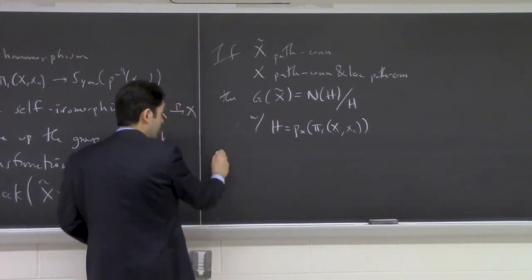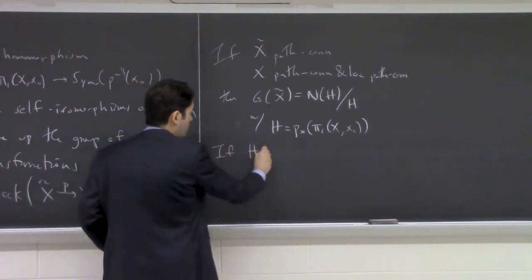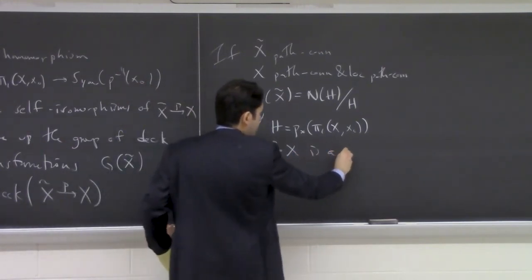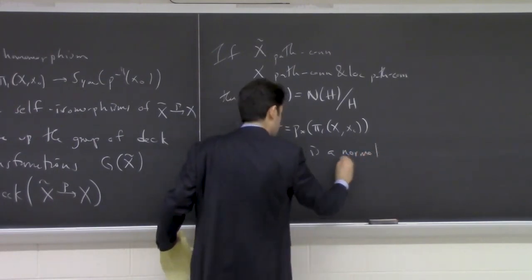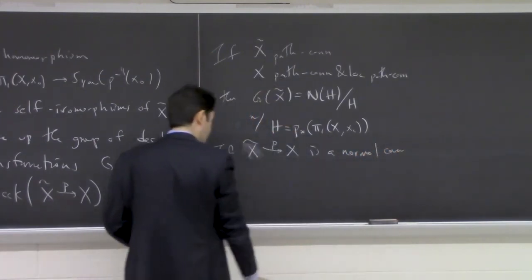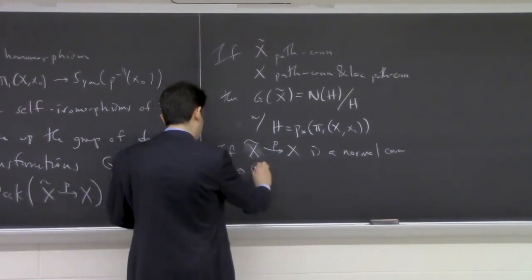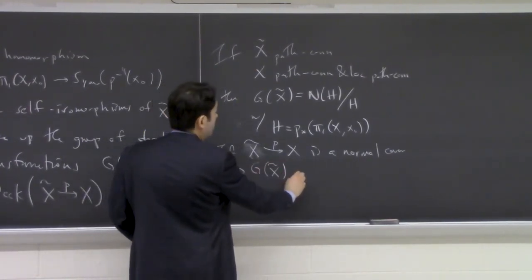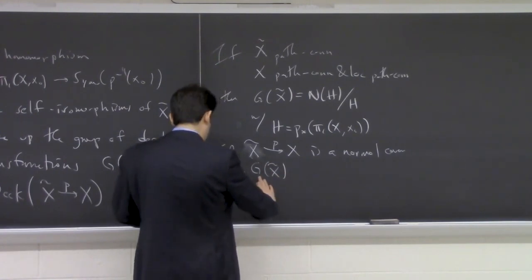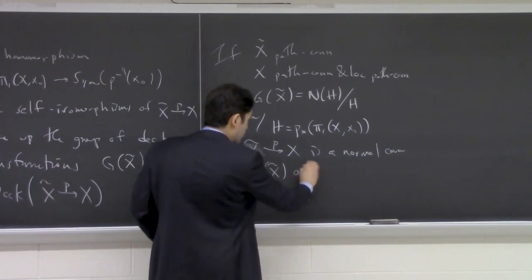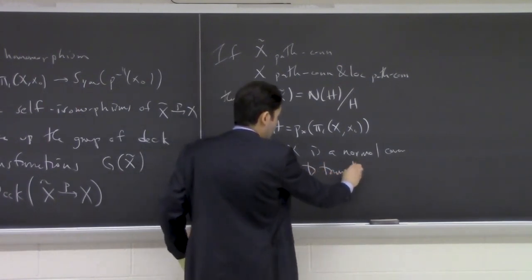So this is particularly nice if H is normal, so if x tilde to x is a normal cover, right, which we defined as saying that the action is transitive.